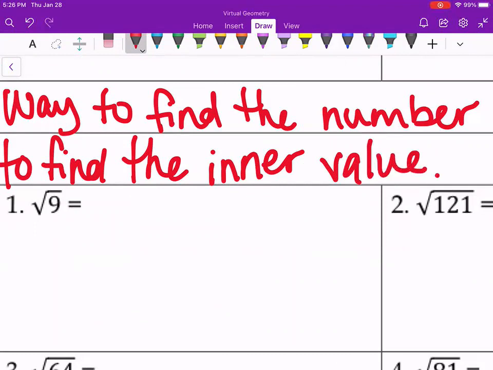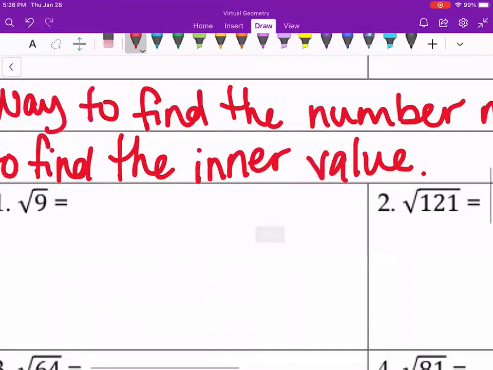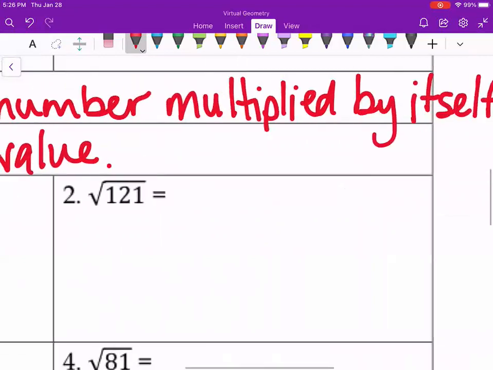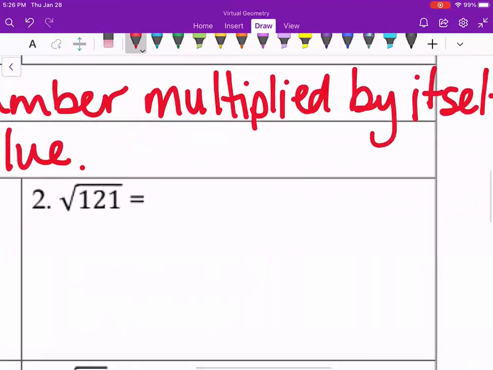And so today we're going to be looking at what we call perfect squares, meaning that there is one number that we can use, and we're sticking to positives right now. One number times itself will give you exactly what's in that value inside the radical.